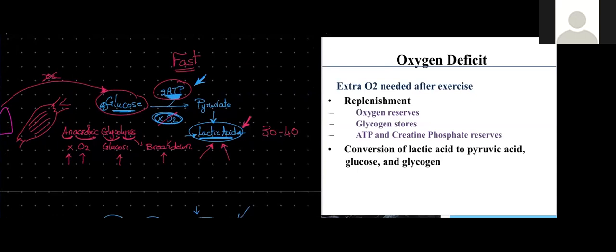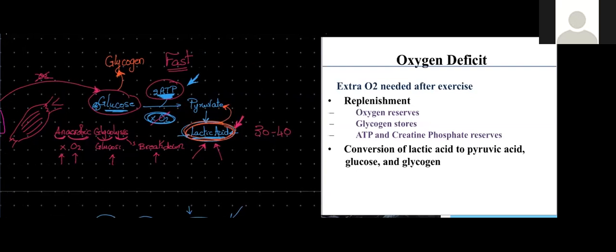If you remember, glucose in your muscles is going to be stored in the form of glycogen. So you need to rebuild this glycogen from the glucose. You need also to transform the lactic acid into pyruvate, back into glucose. And then this glucose, you need to transform it into stored glycogen another time.